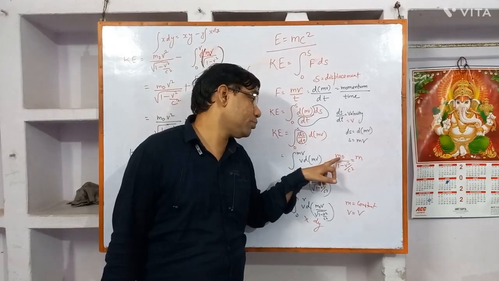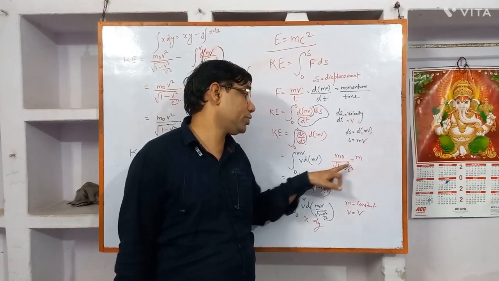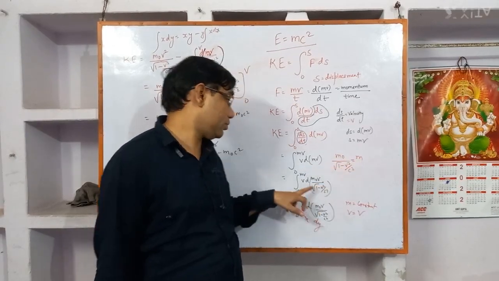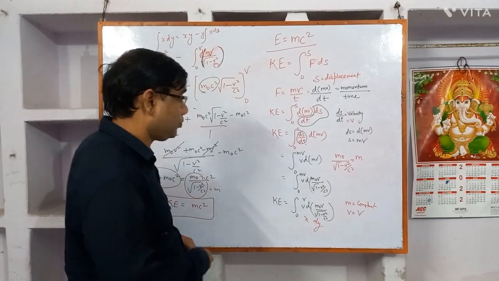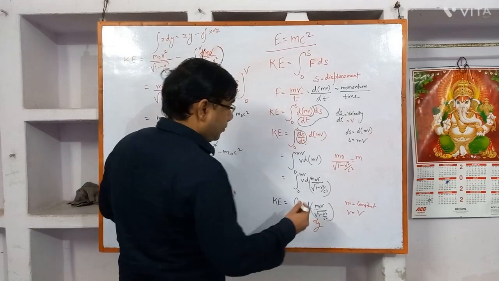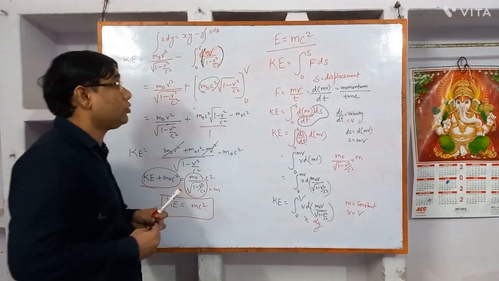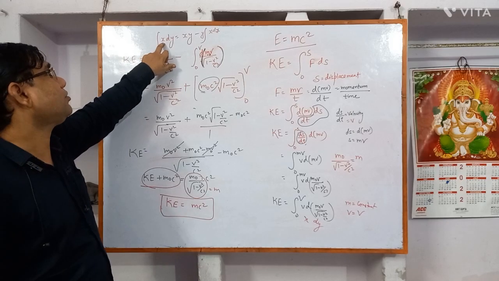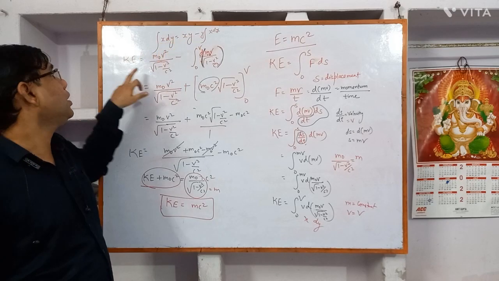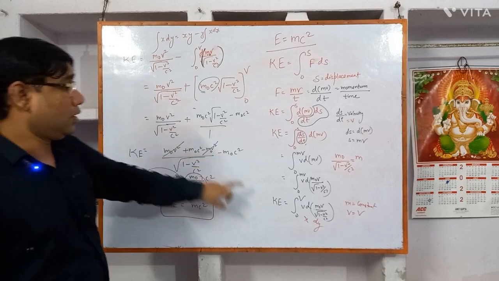Now by the theory of relativity we know that the rest mass upon velocity term, this equation becomes the total mass. Now we put the value of m and this value becomes v, where m0 is constant. Now by integration by parts, the integral of x dy is equal to this.